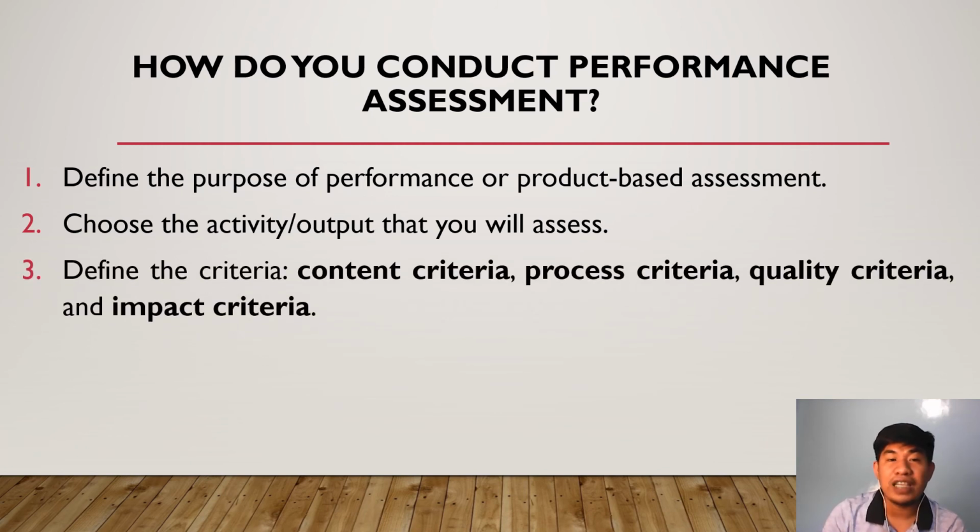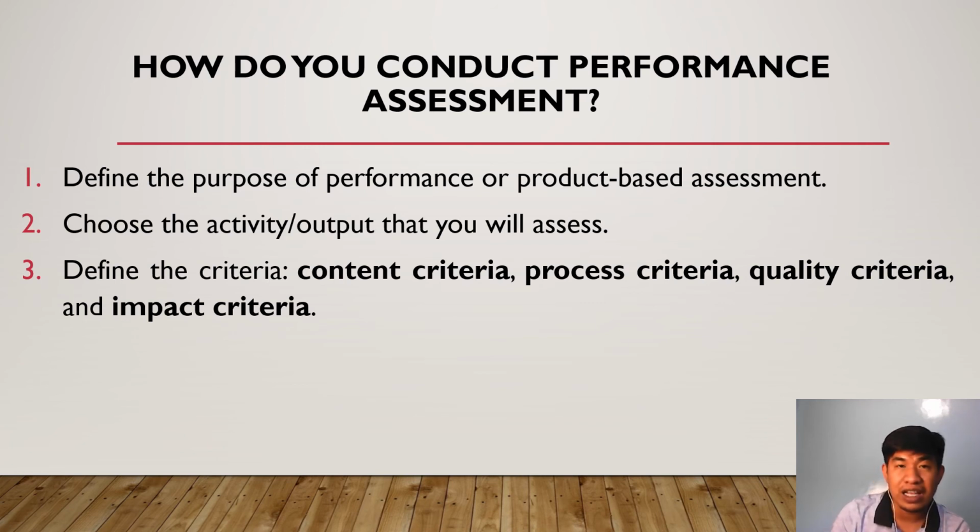Another, define the criteria. Well, criteria are found in the rubric, di ba? And then criteria have many types. First is the content criteria. This talks about how well students have mastered particular concepts, facts, information.